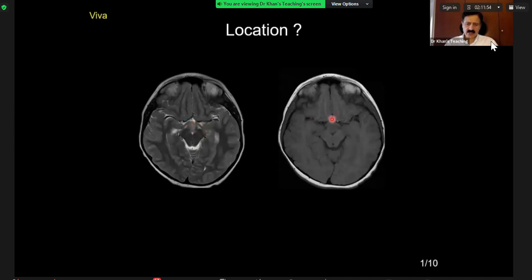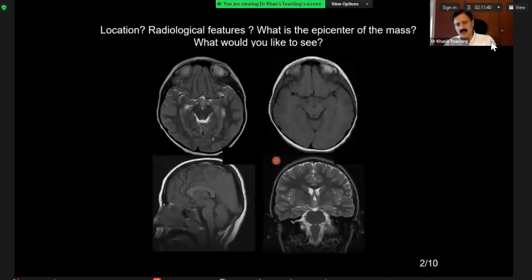Something is sitting there. So please remember that this can happen in the exam, where an examiner will open an axial sequence. Once you pick it up, then it is your right to ask for other sequences. So these are the other sequences.